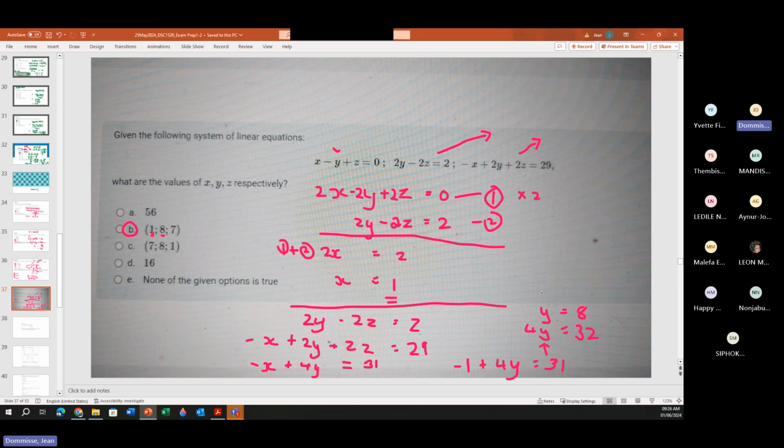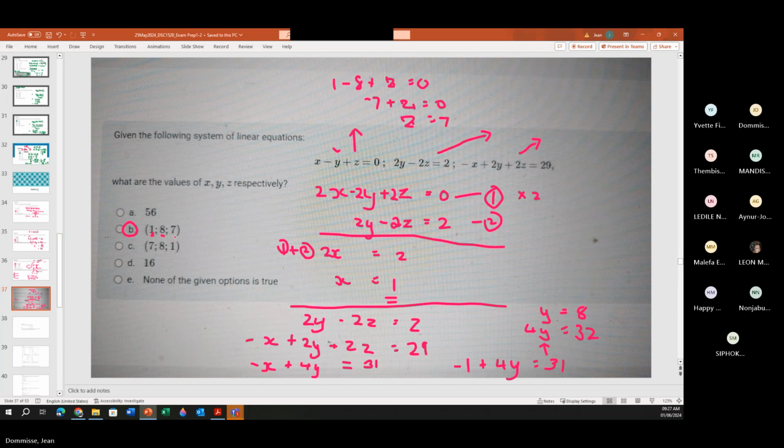And then we can use that formula to say, well, x was 1, y was 8, so minus 7 plus z is equal to 0. So z will be equal to 7.